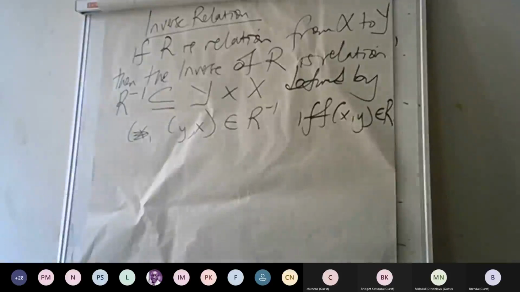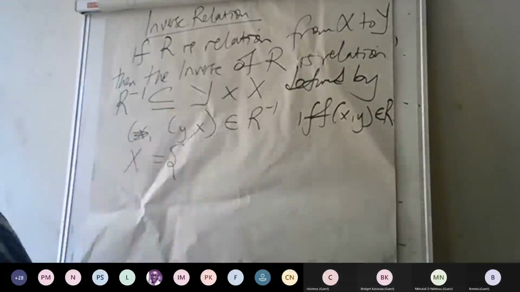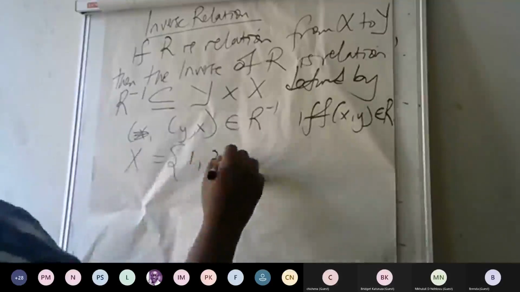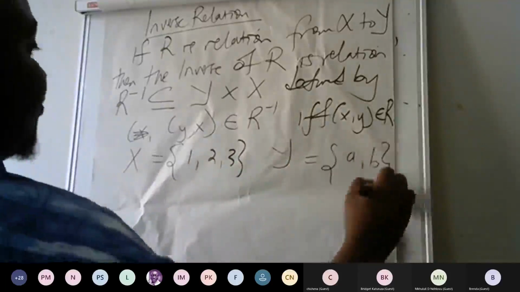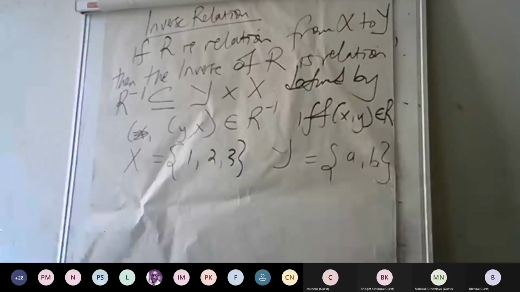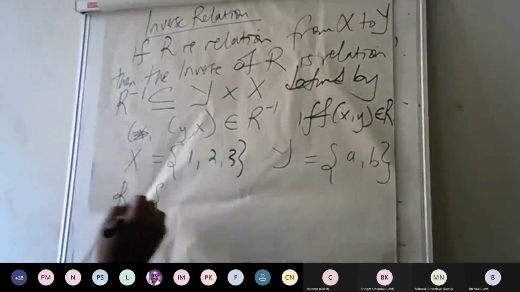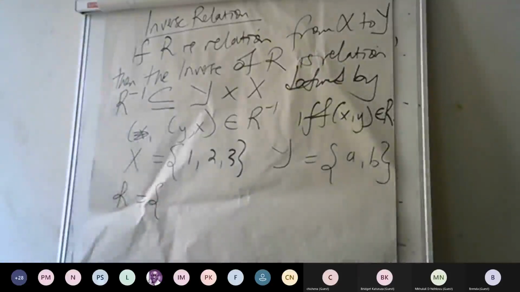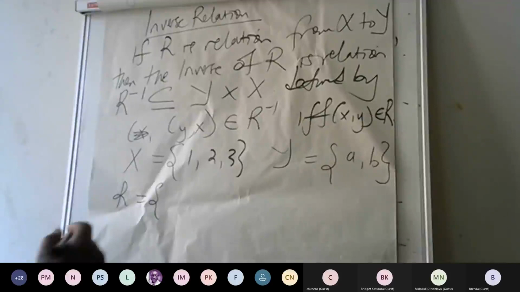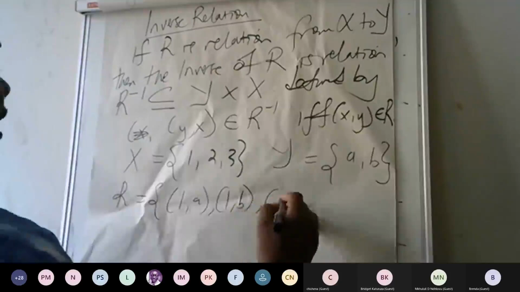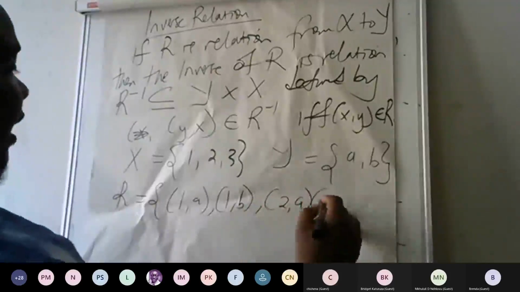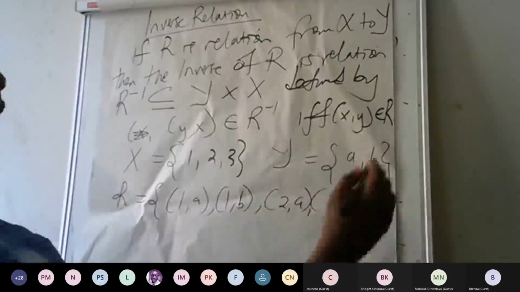So if I have set X, for example, with elements 1, 2, 3, then I can also have set Y with elements a and b. So I can find R here, where I'm just going to perform a Cartesian product of that. I don't want to worry much about the condition of coming up with R, for example 1a, 1b, and if I want, I can come up with 2a, then maybe 3b, just as an example.